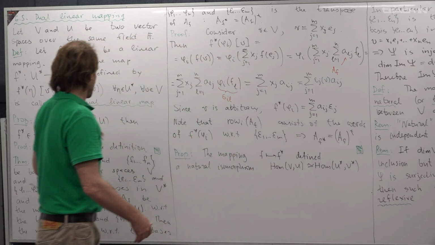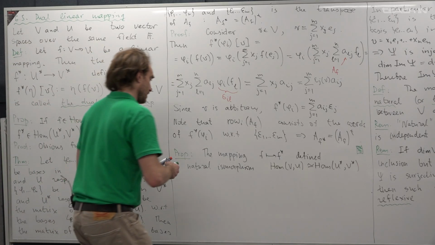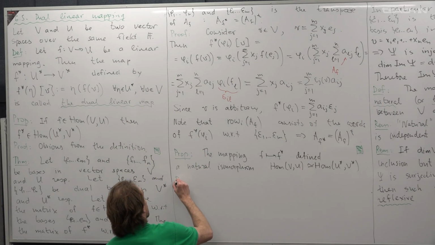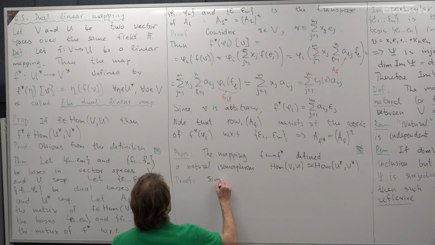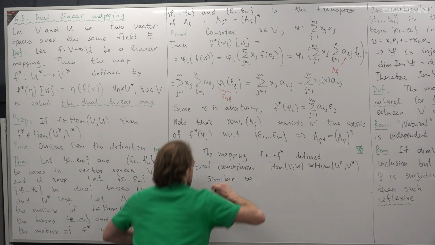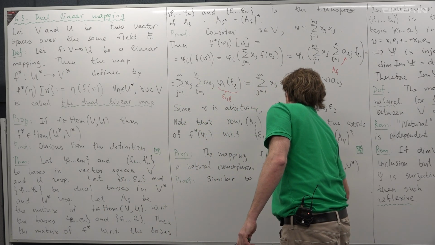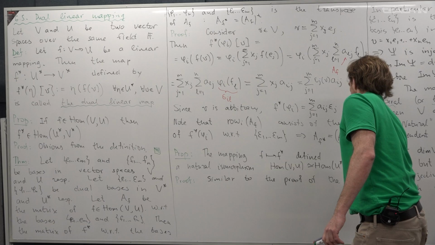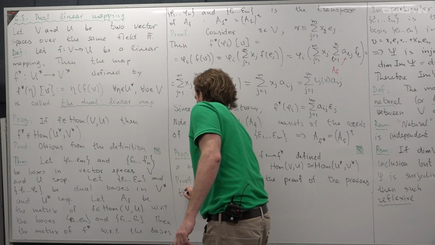the reasoning similar to what we had before proves that this mapping is an isomorphism. So the proof is similar to the proof of the previous theorem.